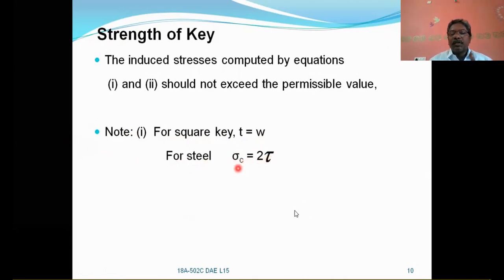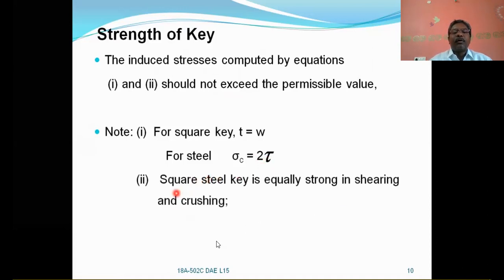That means the crushing stress is equal to twice the shearing stress for mild steel. So a square steel key is equally strong in shearing and crushing.